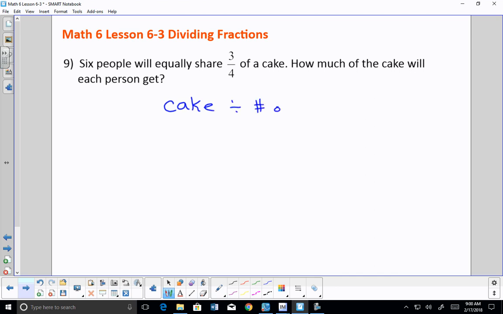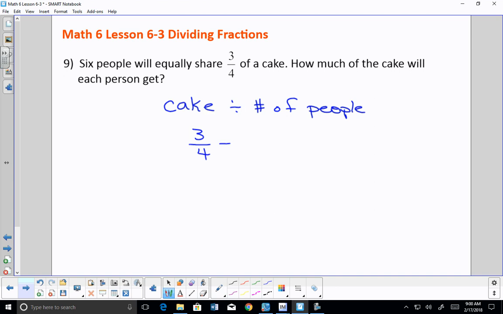Because if I told you that you had 6 cakes and you had 6 people, you'd know that each person got a cake. If I had 12 cakes and 6 people, you'd go, oh, everybody gets 2 cakes, because 12 cakes divided by 6 people. So we have 3/4 of the cake, and we need to divide it by the number of people. So it's the amount of cake divided by the number of people.